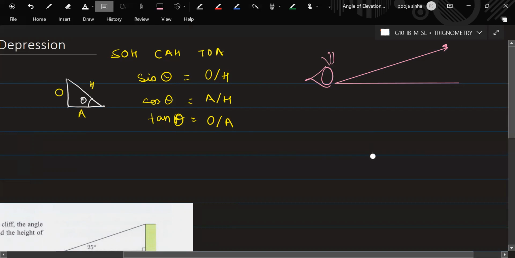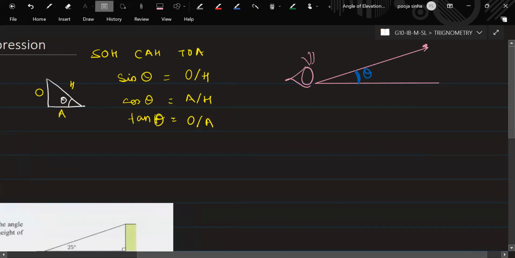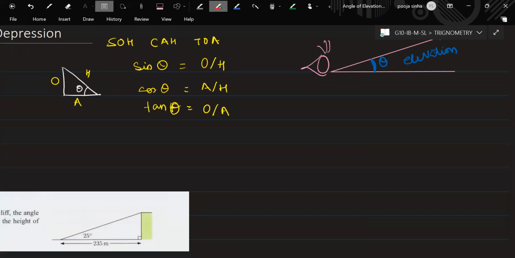Because you were looking up, you elevated your eyes. I call this angle theta, and this is called the angle of elevation.